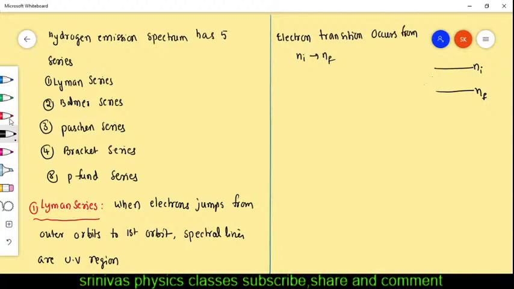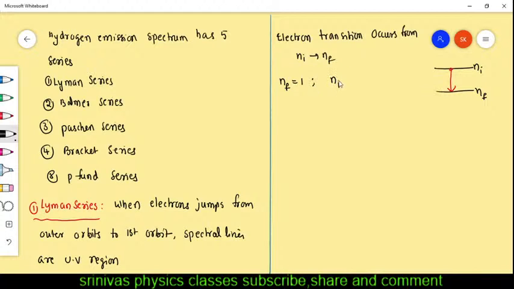Then what is the value of Ni? Is it a fixed value of Ni or Nf? Transition should finally occur to the first orbit. In the case of the Lyman series, for the first orbit, Nf is one.